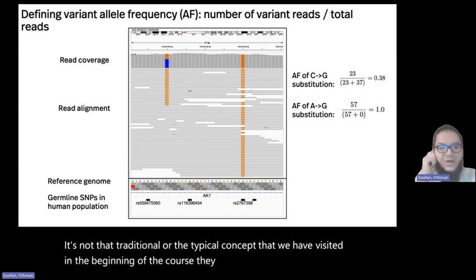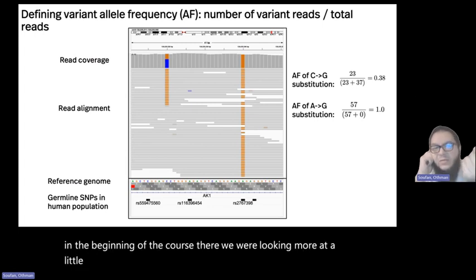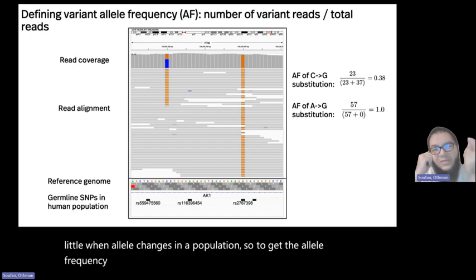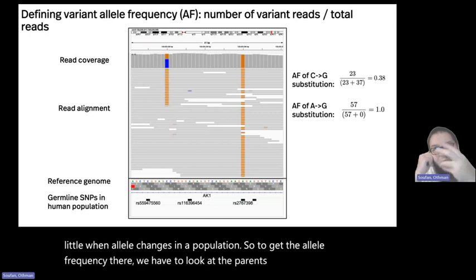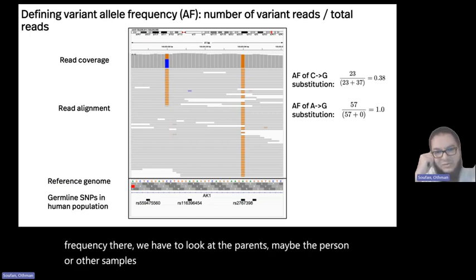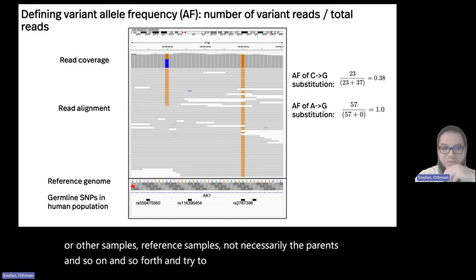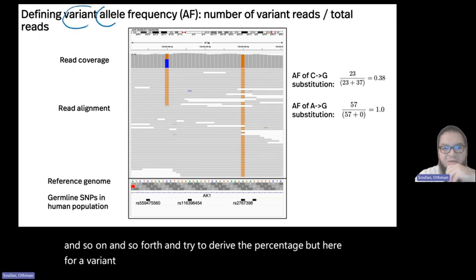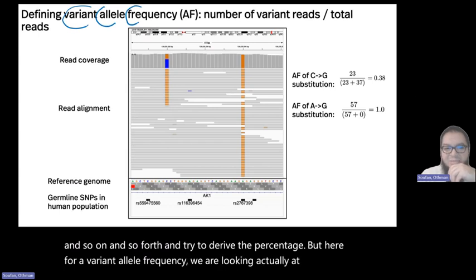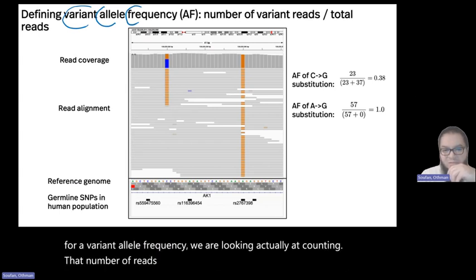There we were looking more at the allele when allele changes in a population. So to get the allele frequency there, we have to look at the parents, maybe the person, or other reference samples, not necessarily the parents, and try to derive the percentage. But here, for a variant allele frequency, we are actually counting the number of reads over the total number of reads.